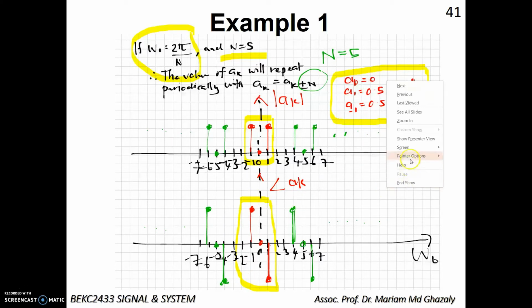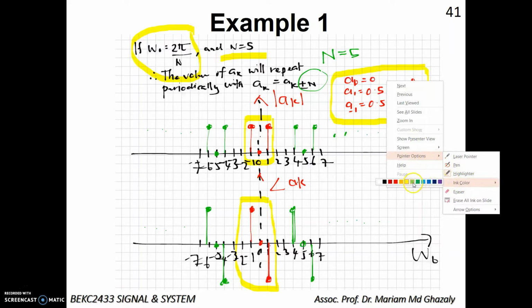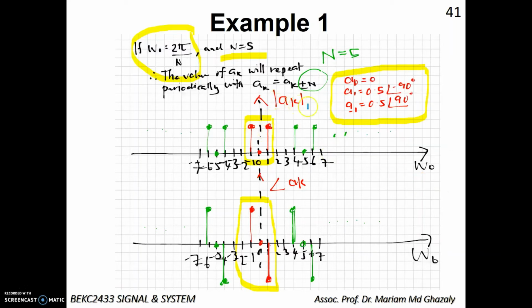So now we are going to plot the repeating values for plus minus n, and plus minus n is 5. So let's start at 0 here for a0. If it is going to repeat every n equal to 5, it means it's going to be in advance and in delay by 5, plus minus 5.